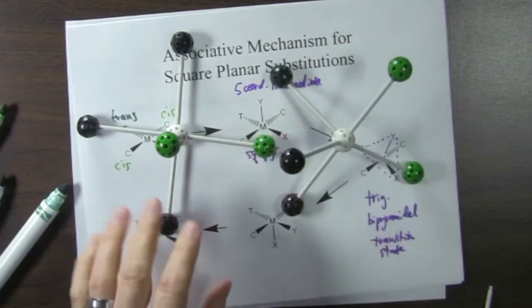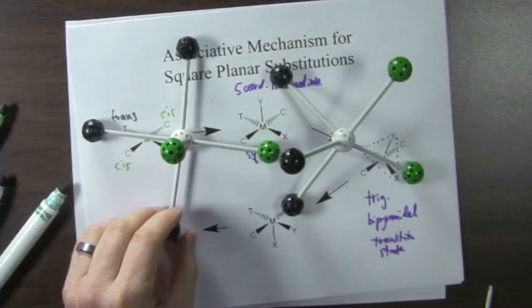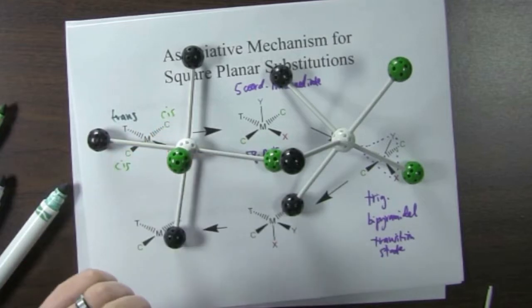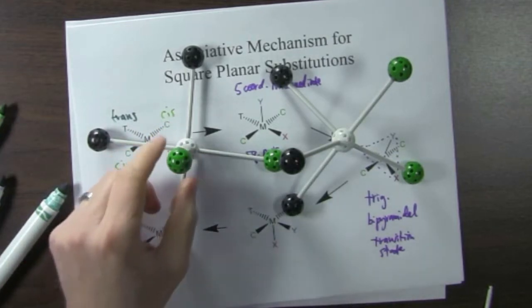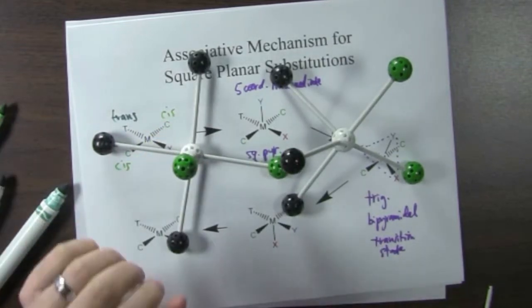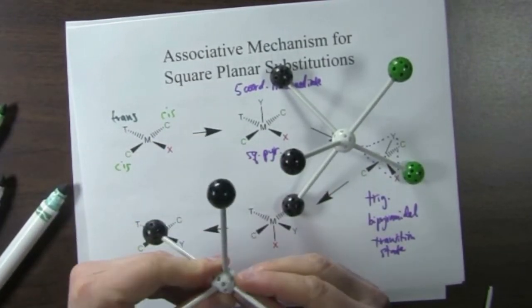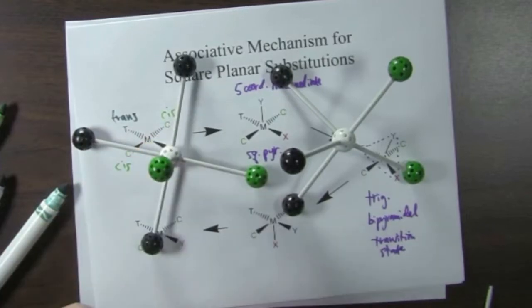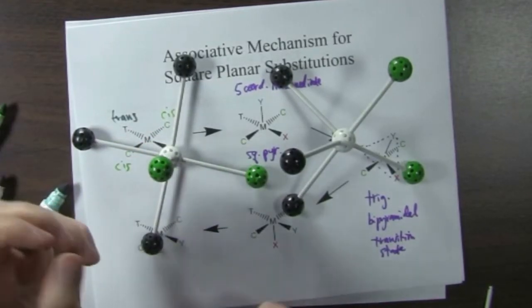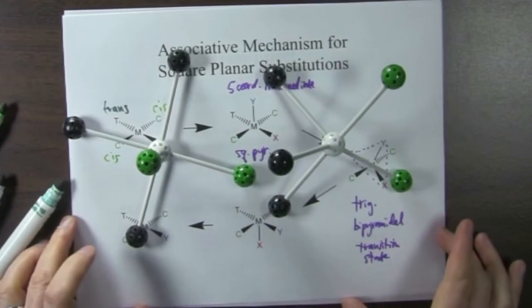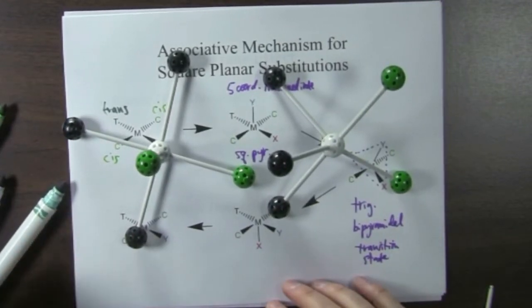So this shifting of the ligands' positions, we're rotating the ligands' positions, not breaking bonds, although I did that for the model, but in reality these bond angles can shift. And this happens on a rapid time scale at room temperature with many complexes, and this is called fluxional.